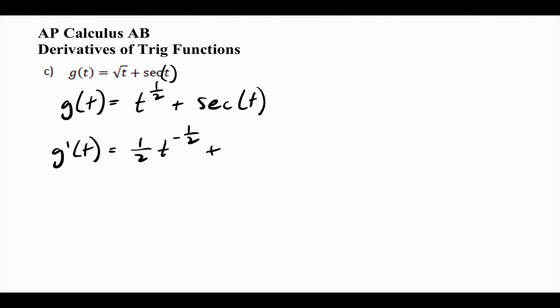You can go to the pink or you can go to your notes, they're both on there. Yep, secant x. So secant t times tangent t. Since we didn't use x, we're just going to use t here because that's what they used.